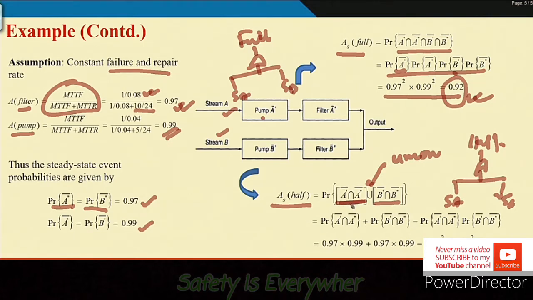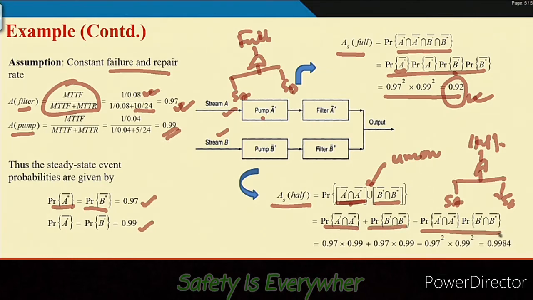Now this is stream A and this one is stream B. So probability of stream A plus probability of stream B minus the intersection of the two. So as a result, the availability for half of the system, the probability is 0.9984.